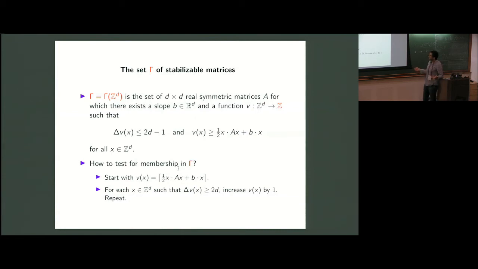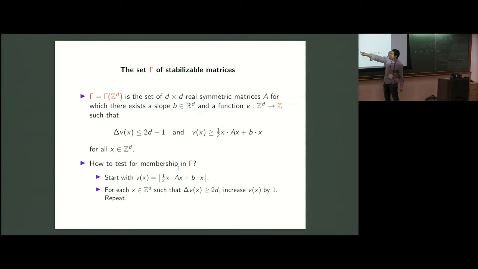But if you look at it for a while, it starts to look plausibly related to a sandpile, because, to make things a little easier, let's just fix the b. Say I even told you which b you're supposed to use, and I want you to check whether the v exists. Well, it has to be integer valued, and it has to be bigger than this quadratic.